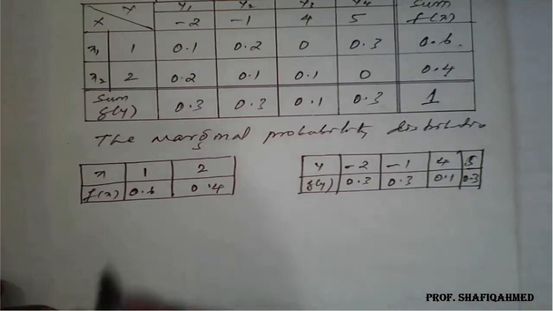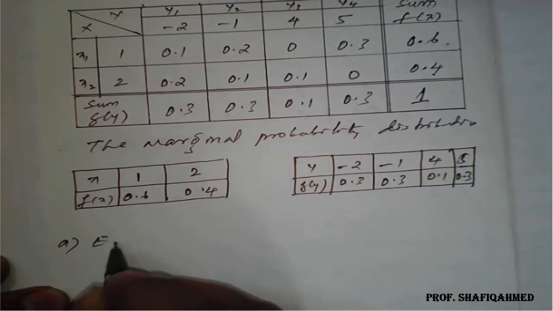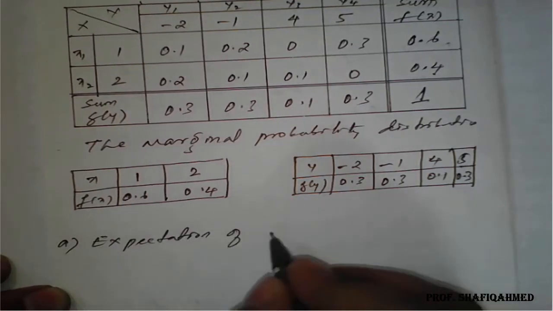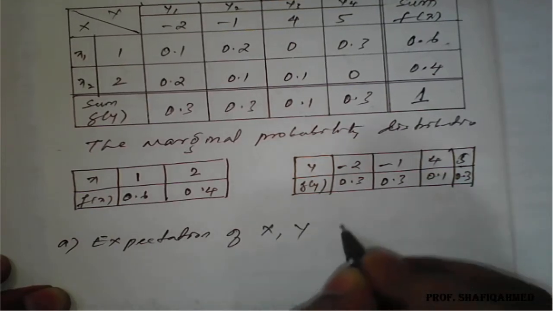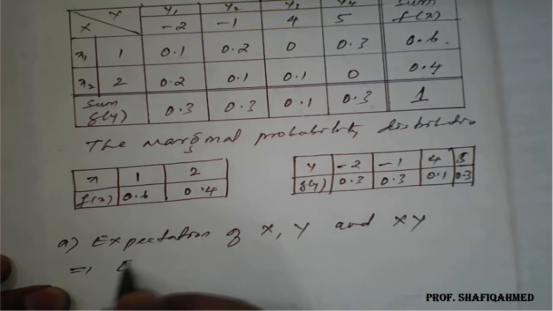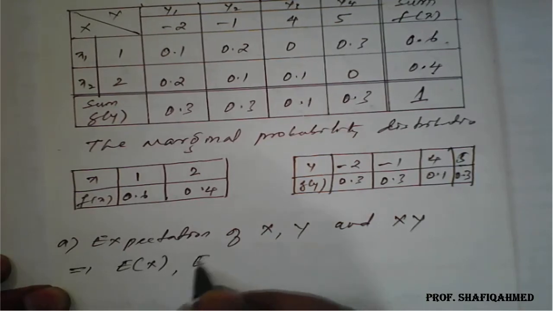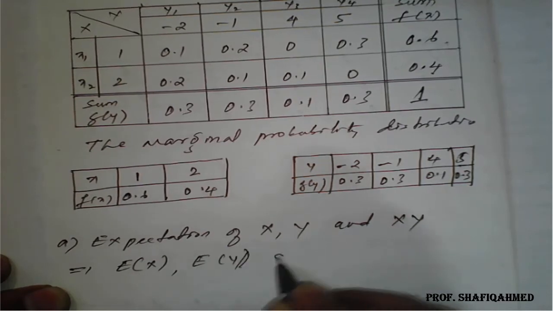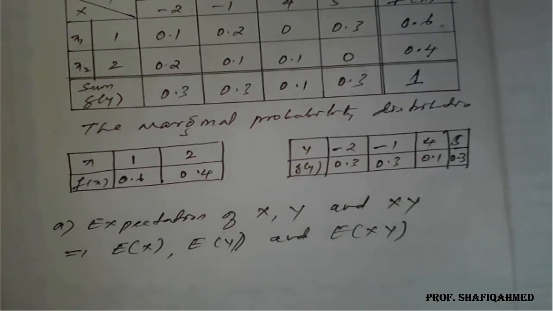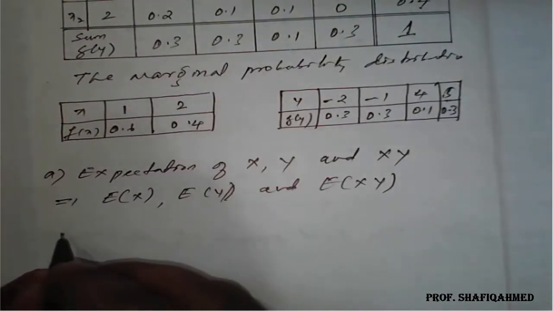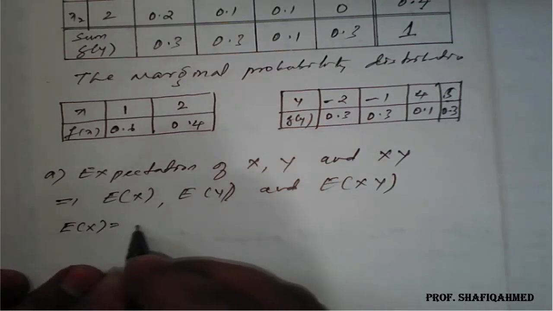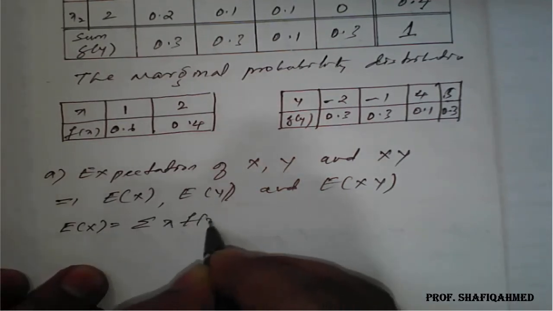They have asked us to find the expectation of x, y, as well as xy. Which implies we need to find the expectation of x, the expectation of y, and the expectation of xy. We'll see all three one by one. Firstly, the expectation of x is the summation of x into f of x.